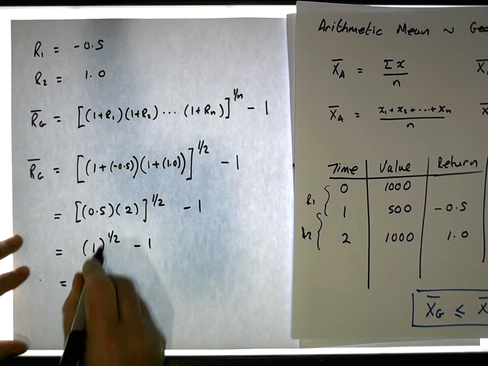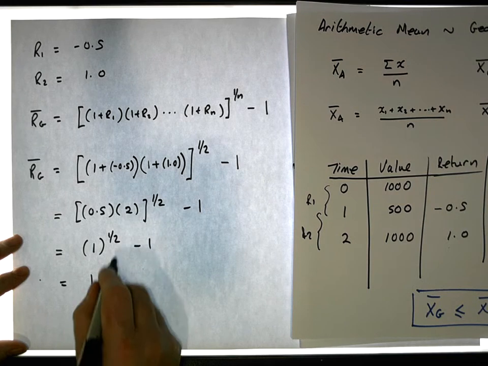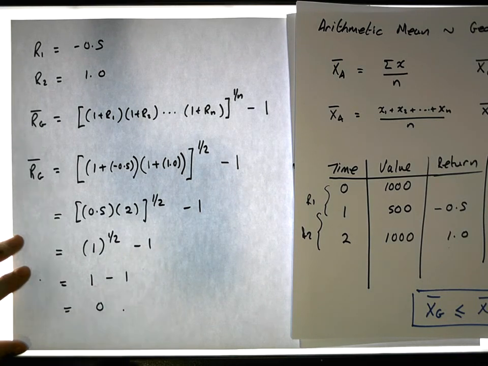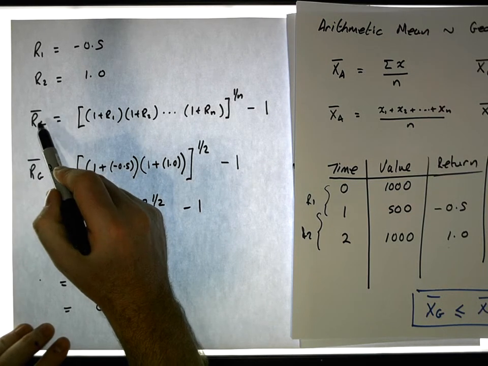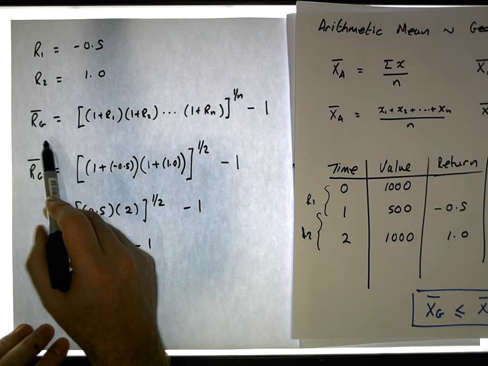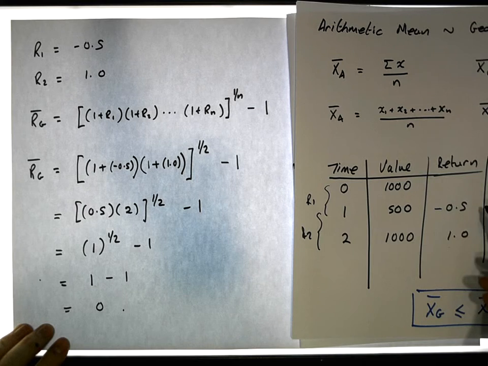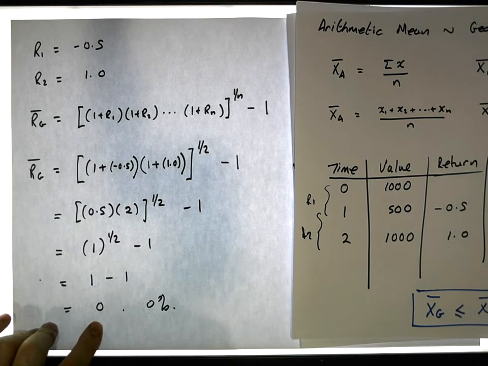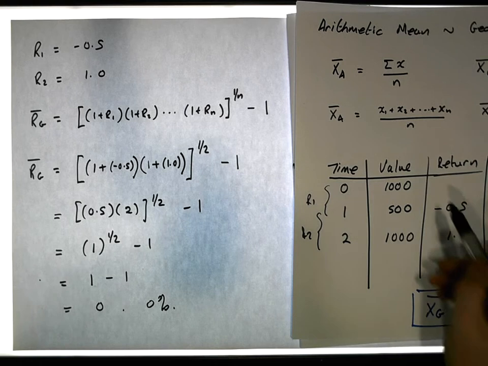The square root of 1 is 1, and 1 to the power of a half is 1, minus 1 gives us 0. So actually the average geometric rate of return over this particular 2-year period is 0. It's 0% that is the actual average return, which is what we'd expect it to be.